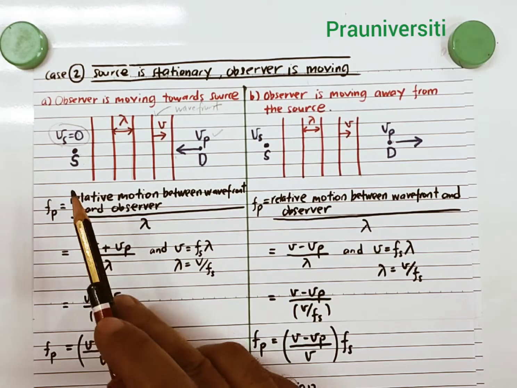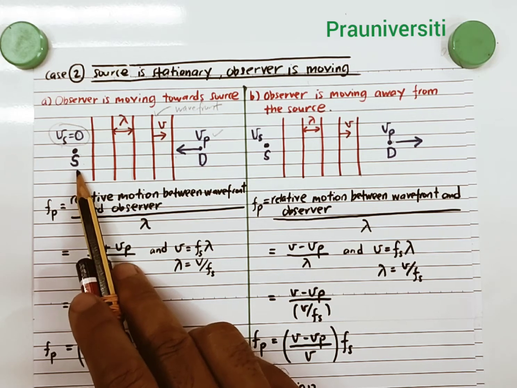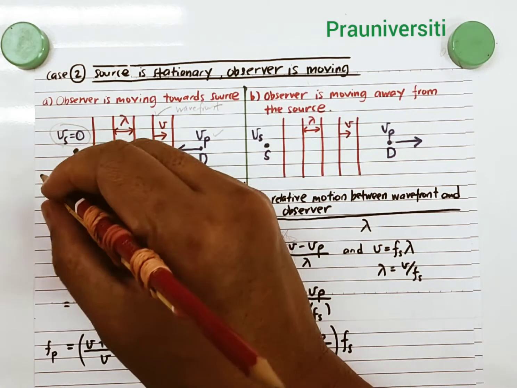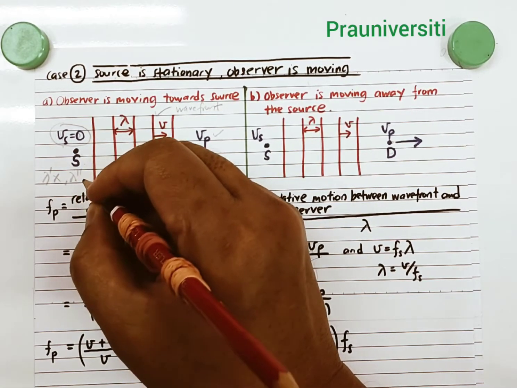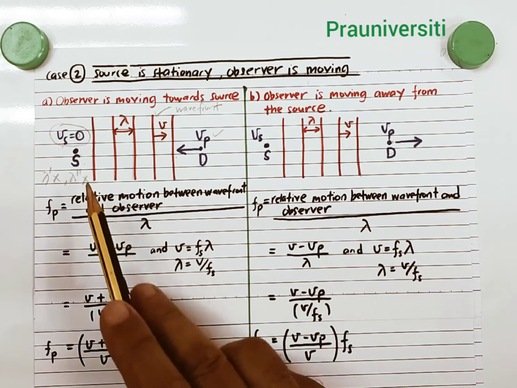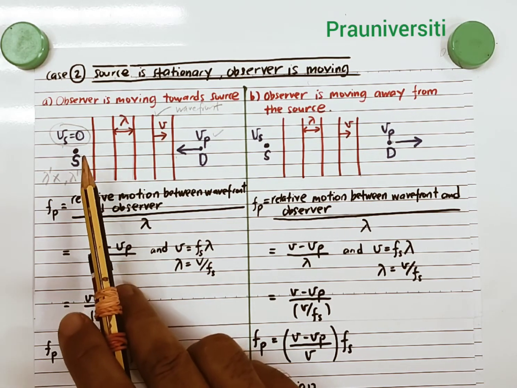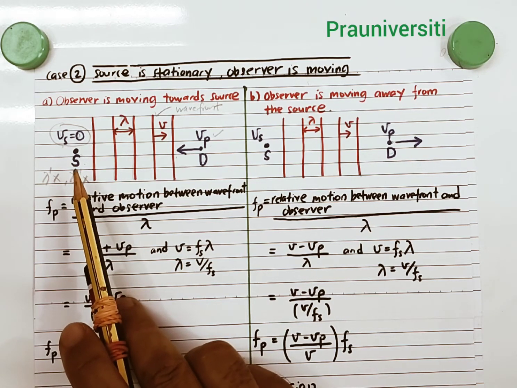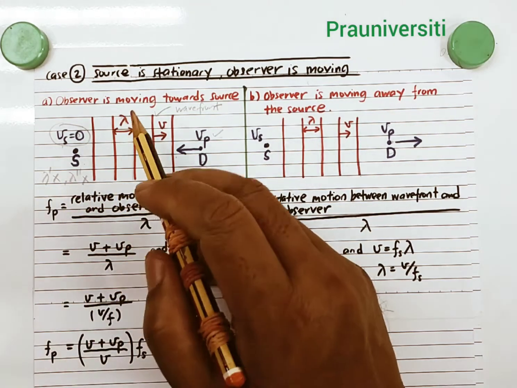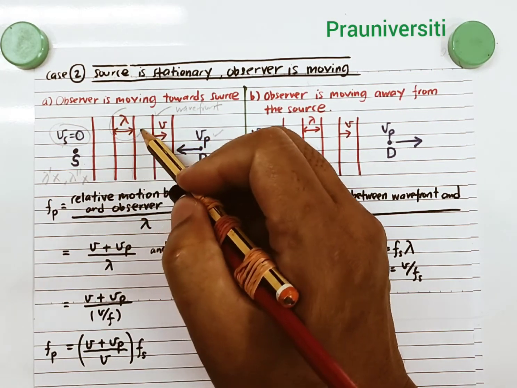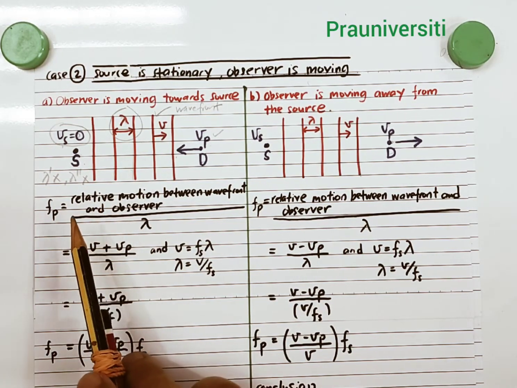But because the source is not moving, we don't have the lambda prime, and also we don't have the lambda double prime. Why? Because the source is not moving, so we don't know whether the source is in front or at the back. So we have only the normal wavelength, lambda. Okay, clear.